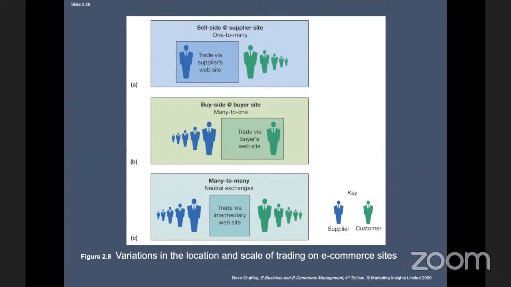So in blue we have the suppliers and in green we have the customers. When we see the supplier side and the sell side, obviously one is offering to many because customers are many in number, and then on the buy side we see different people, many to one, that trade via buyer's website.